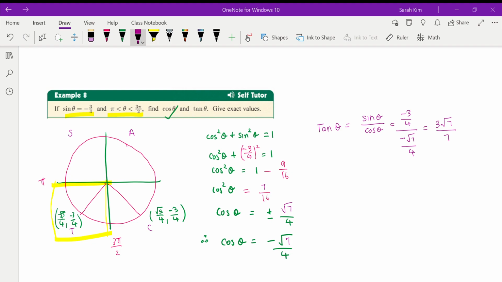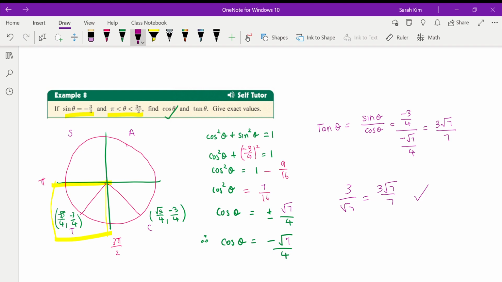Let's double check with the answers. I think that's actually the same as the answer they have given us. Let me just double check. It sure is. If I put 3 over square root 7, it gives me 3 square root 7 over 7, so therefore the answer is correct.